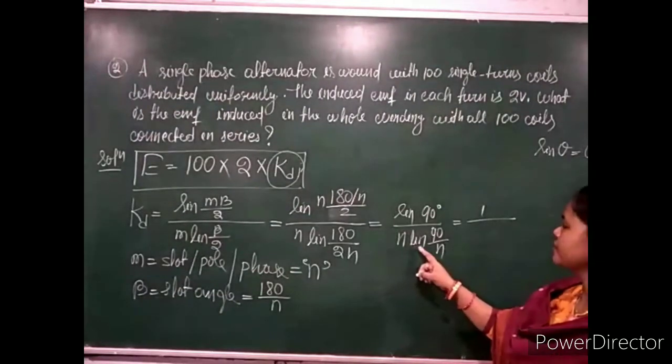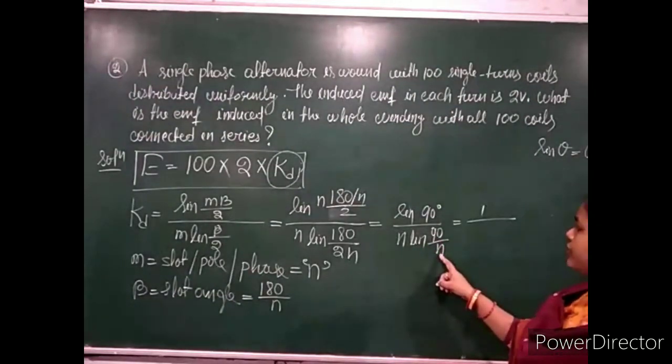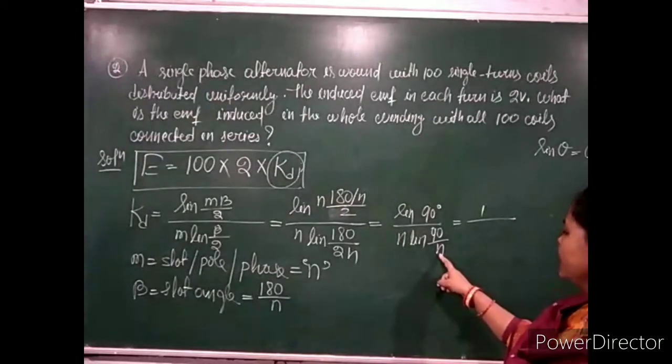So in place of sin(90/n), you take 90 by n.